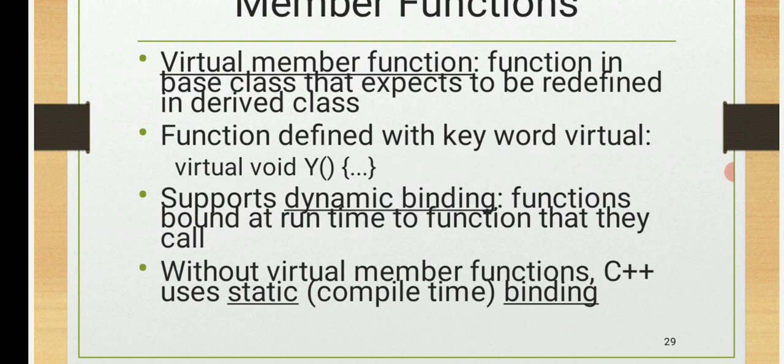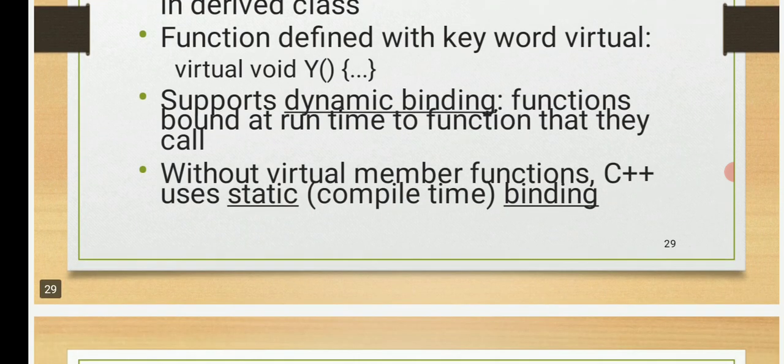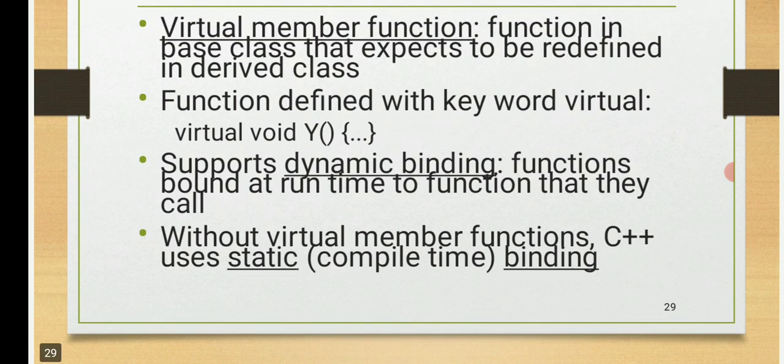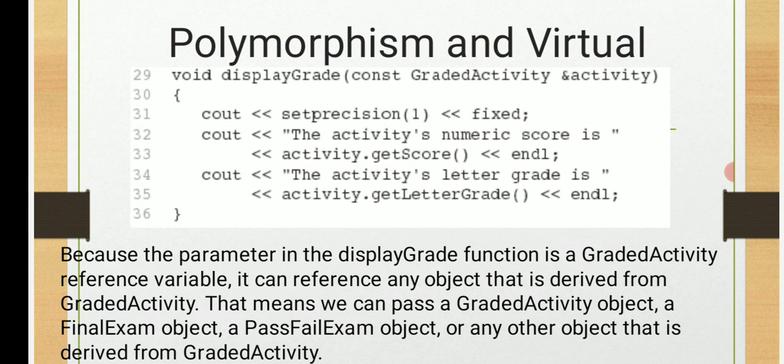Without virtual member functions, C++ uses static, meaning compile time binding, right? So here static binding is called compile time binding, right? Runtime binding is called dynamic binding, right? So here we are giving examples for polymorphism and virtual. Here we are using some cout statements.